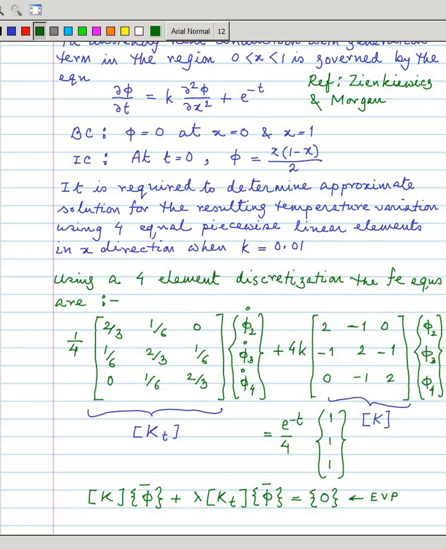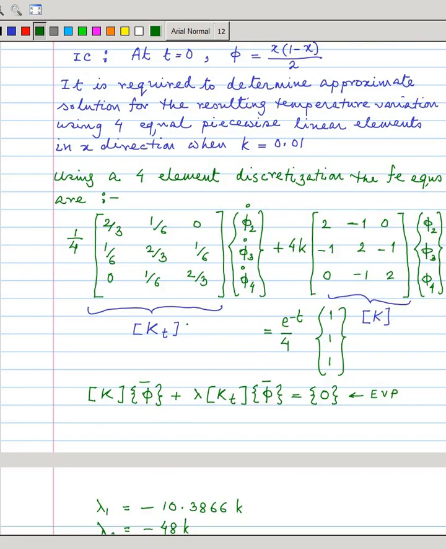So first and fifth go because the values of phi are 0 there, so you are left with this into this is equal to this. So this is our kt, this is our k, and this.